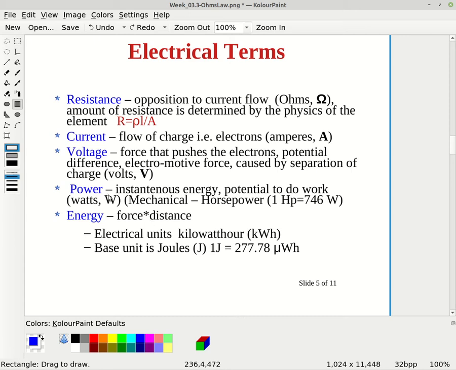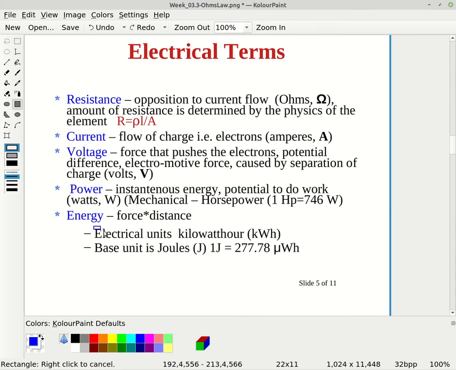And so power is measured in watts. Again, that's after James Watt, so it's a capital W. And energy is the movement of that charge, again, and how fast effectively we're doing it, or how much force we have moving it.